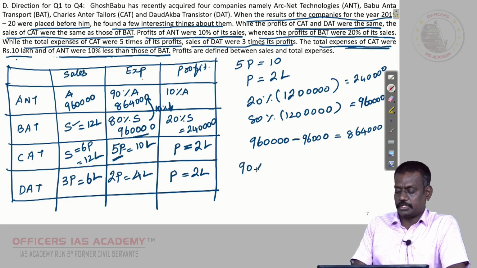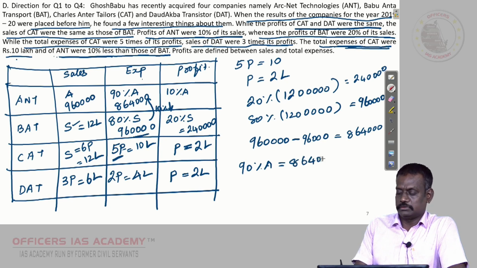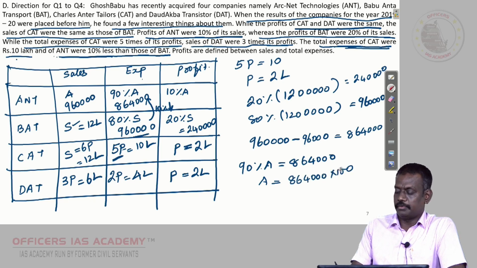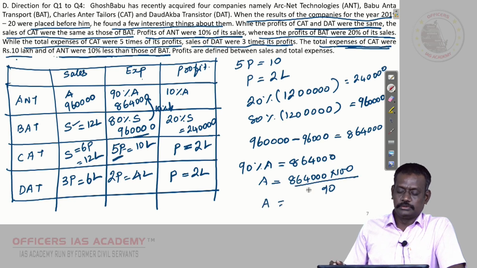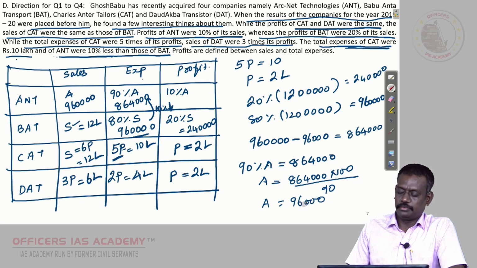See, 90% of A is equal to 8,64,000. From this you can find A. It is 8,64,000 into 100 divided by 90, so you will get 9,60,000. Understood, children?